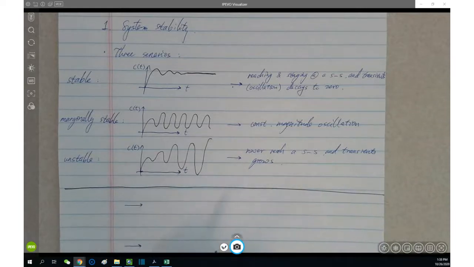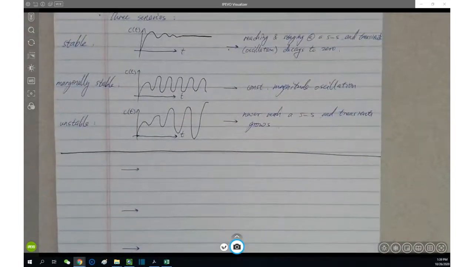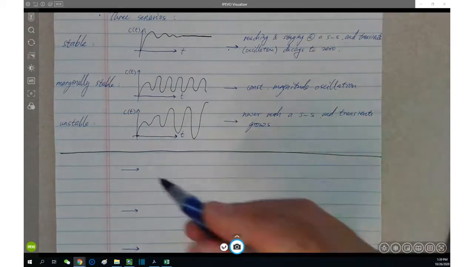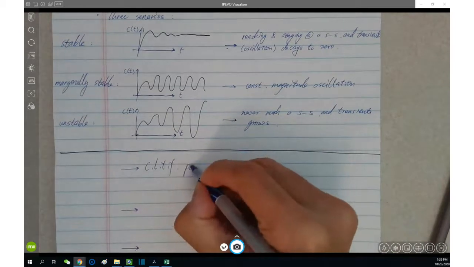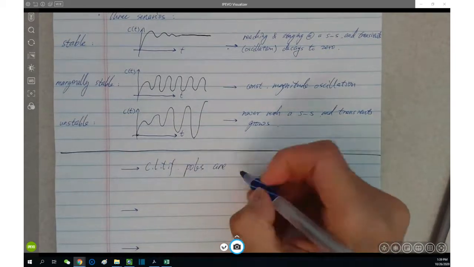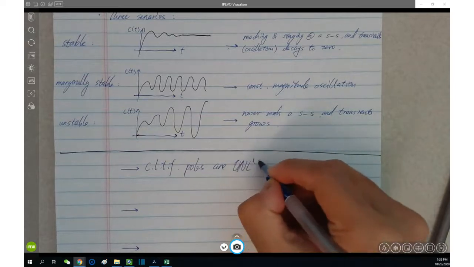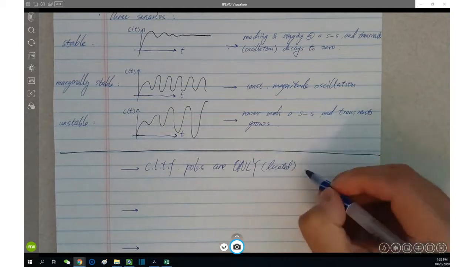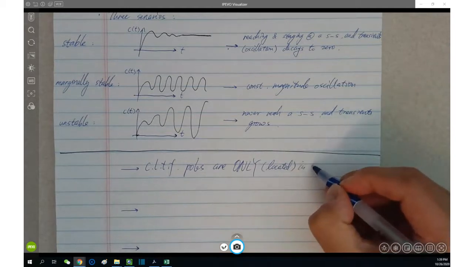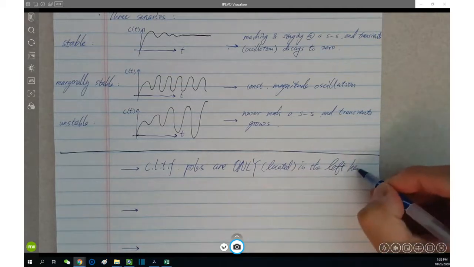Still 3 parallel lines, what are they respectively? First, the stable case, what do we have? Closed loop transfer function poles are only located in the left half plane.